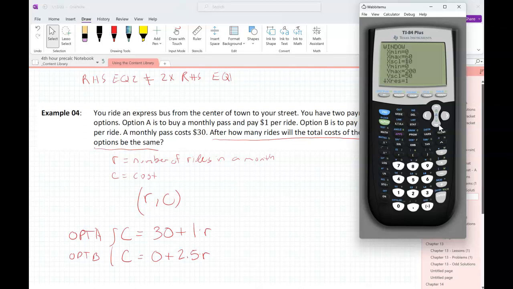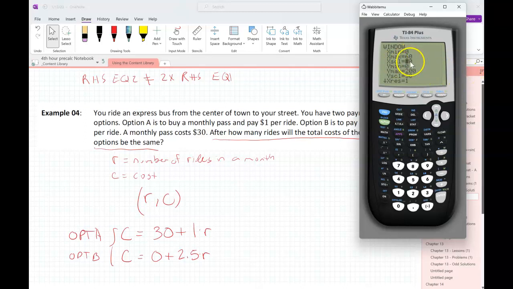That's like you take one trip there and back a day. You went to your job, you rode the bus to get there, and then you rode the bus back home. 30 days in a month, 2 rides a day, one there, one back. 60 felt like a decent upper bound. Feel okay to you guys? Does that number really matter? Not so much, as long as I can see the intersection when I do my graphing.